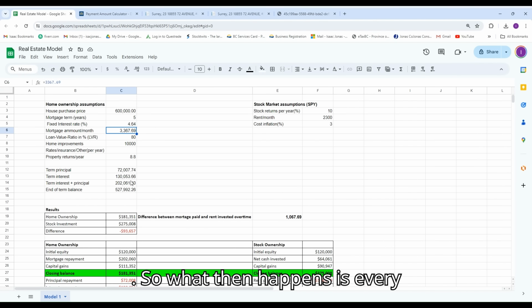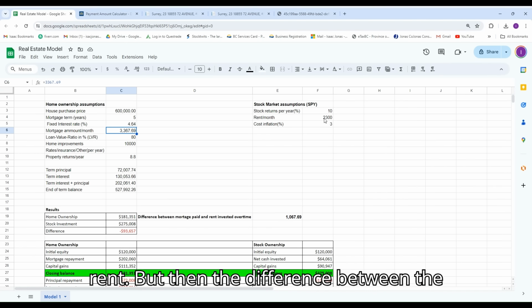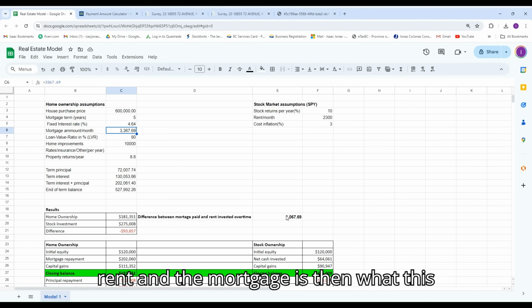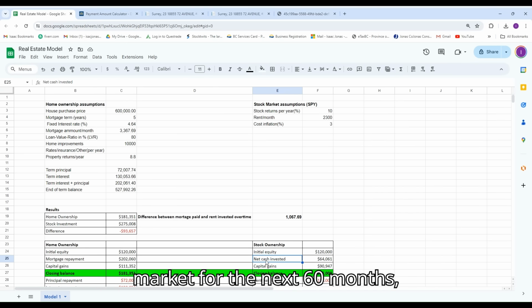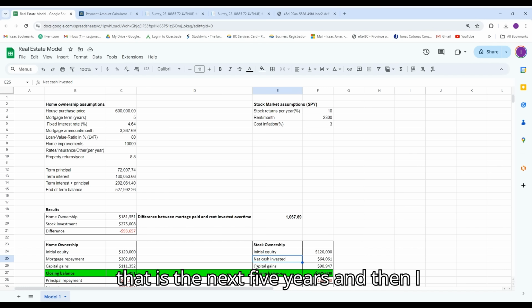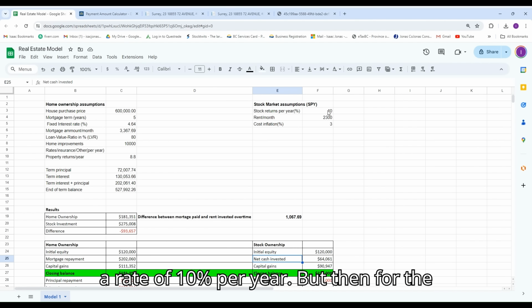So every month this person is paying mortgage and this person is paying rent. The difference between the rent and the mortgage is what this person would be investing in the stock market for the next 60 months, that is the next 5 years. And I compounded it for the next 5 years at a rate of 10% per year.